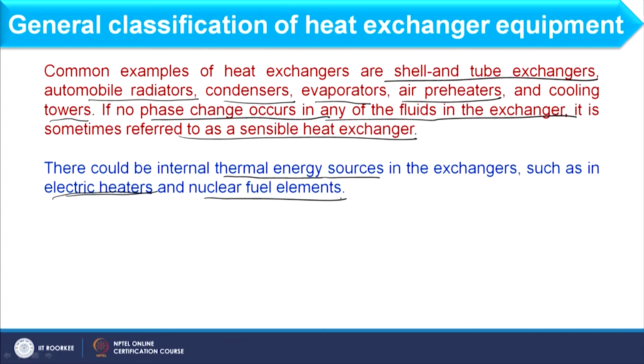What happens over there, we are not providing any hot fluid to heat the water. So how is the water heated up? Using some coiling inside the unit, or some hot plate. So sometimes we also use internal thermal energy sources to transfer the heat.